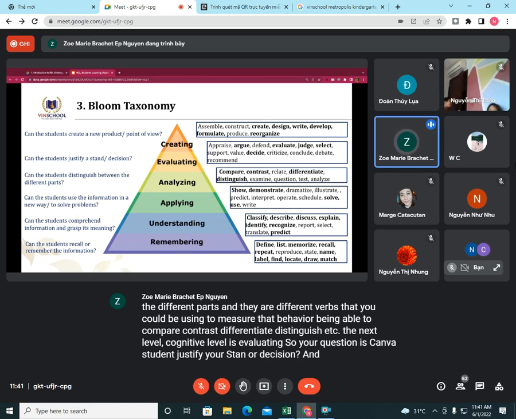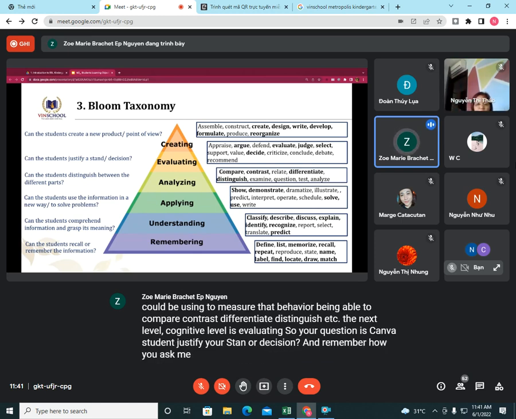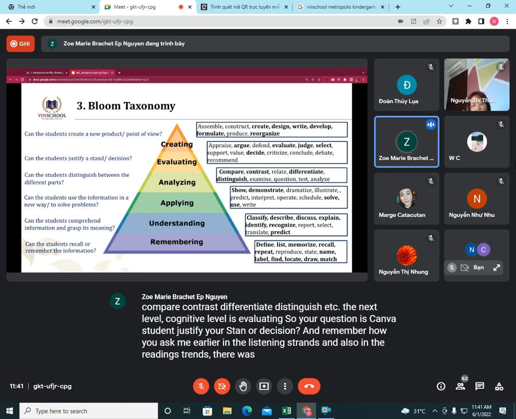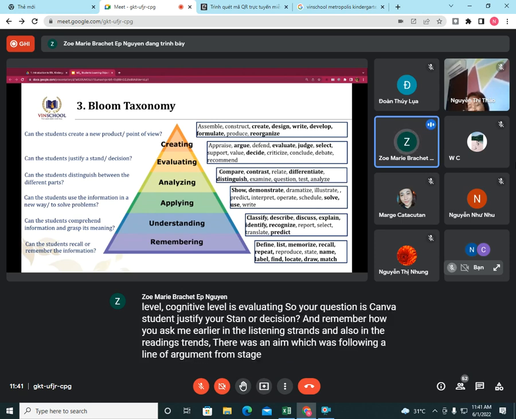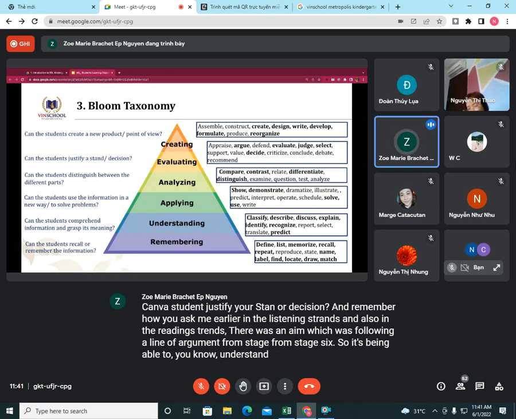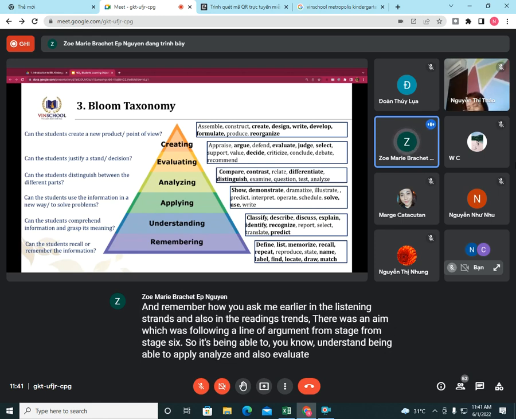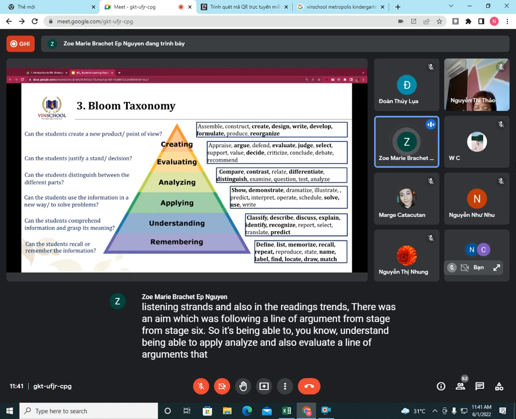And remember how you asked me earlier in the listening strands and also in the reading strands, there was an aim which was following a line of argument from stage 6. So it's being able to understand, being able to apply, analyze, and also evaluate a line of argument. That is done much later, again, in grade 5.